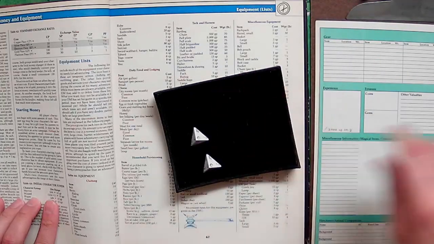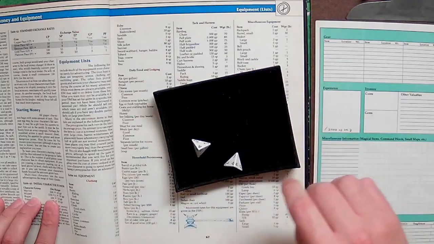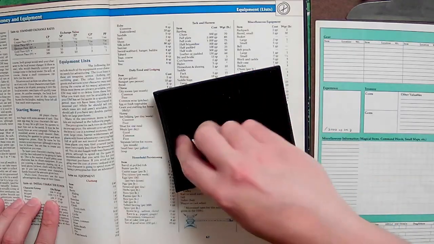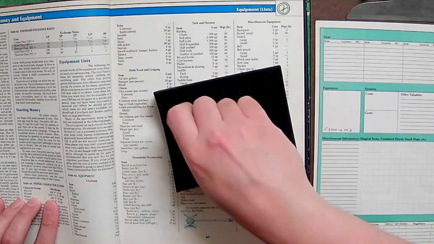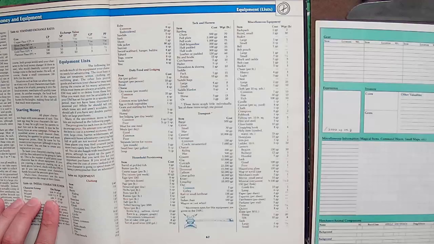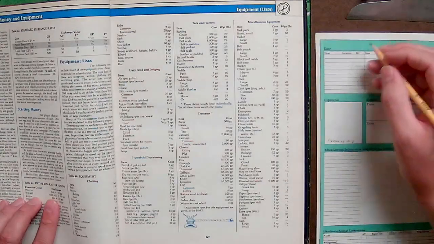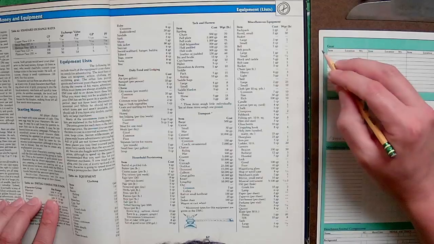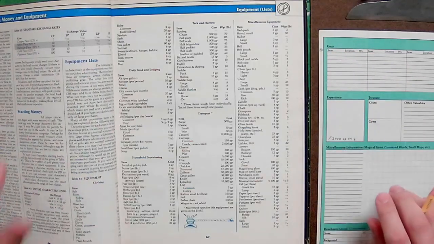Okay, so we have 3, 6, 10, 14. One more. 18. That's 180. Wow. Okay, so we have 180, which I will put in the box over here on the side. 180 to spend. Let's see what we can do.